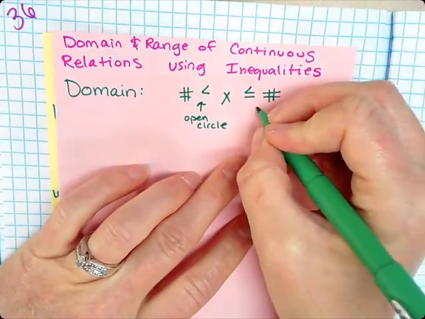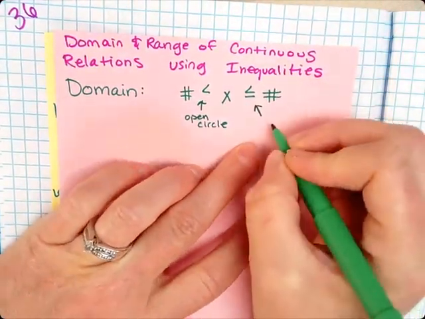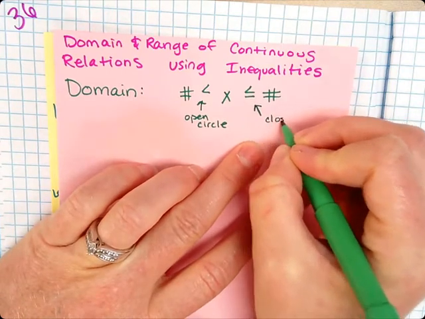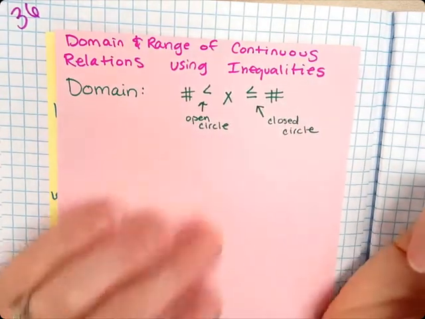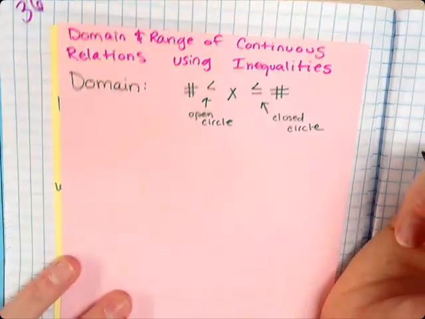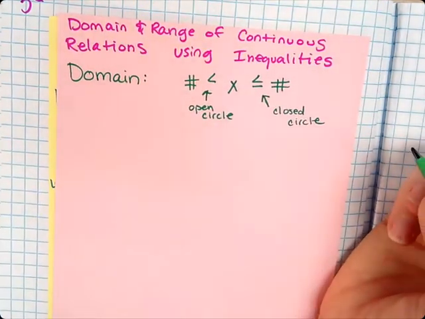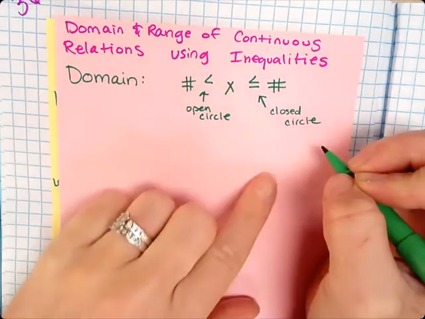If it has the less than or equal to, then that is whenever it's a closed circle. Similar to when we do the bracket.